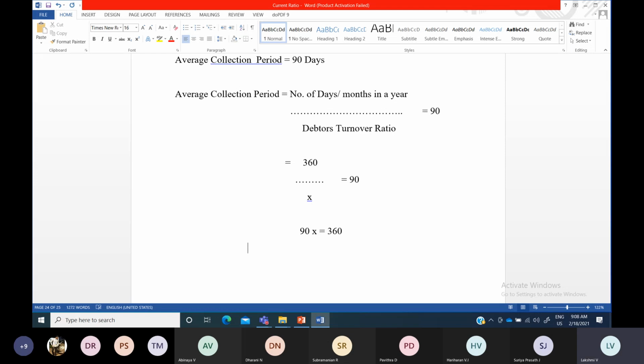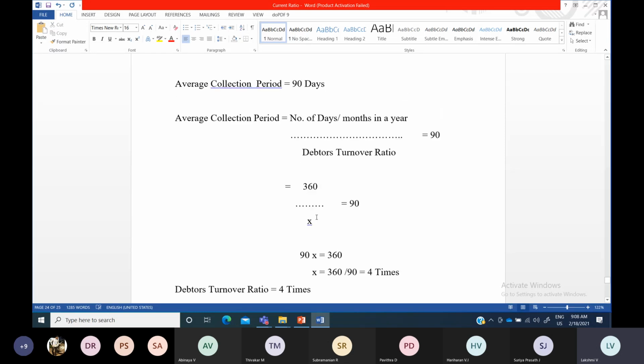Now X is equal to 360 divided by 90, is equal to 4. Now what is this turnover ratio? So I have to express in times. Okay. So what is this X now? Debtors turnover ratio. Debtors turnover ratio is equal to 4 times.